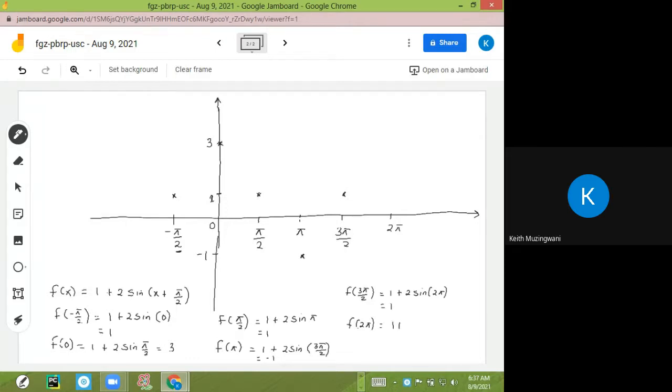We get 1 plus 2 sine of 360 plus 90. That is the same as sine 90, which is 1. So we get 3. So we have the point there.